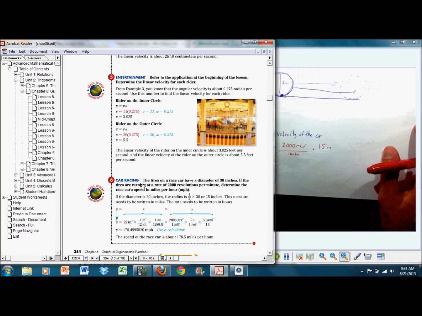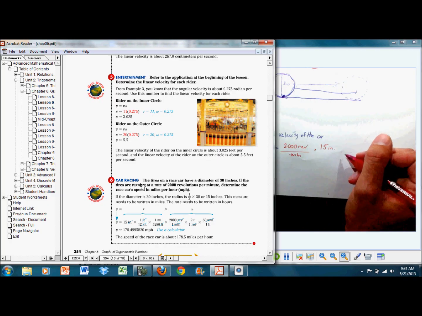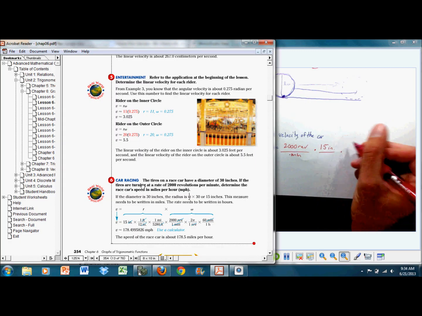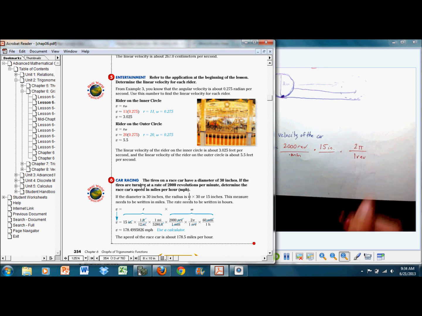Okay, so first thing we want to do is we want to convert to radians. So we got revolutions, let's convert to radians. For every one revolution, there's 2 pi radians. Alright, so revolutions cancel out. Next, we have inches per minute as our units.